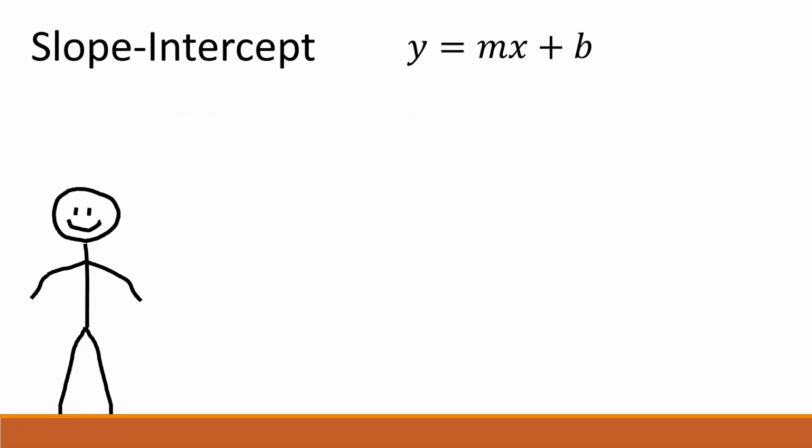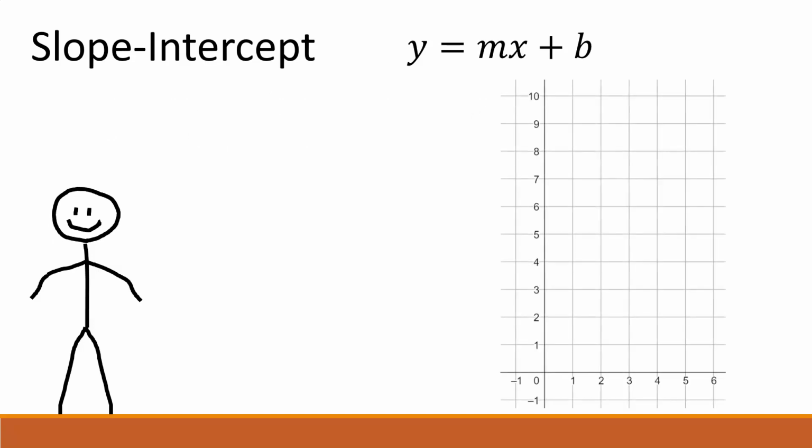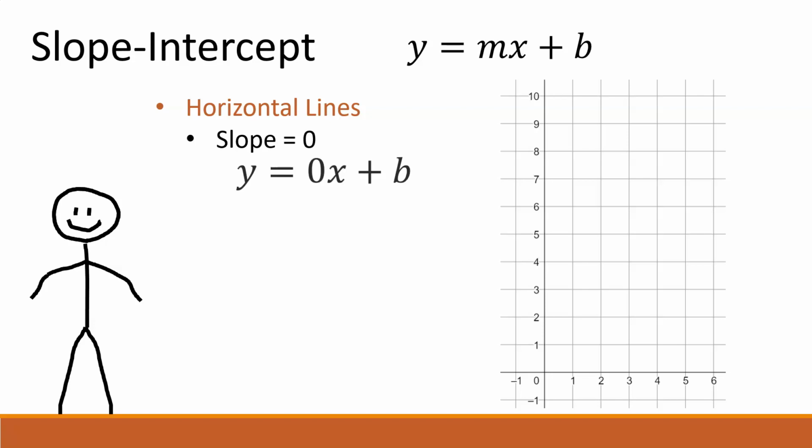Now, let's talk about something else. There's actually 2 special cases that we need to think about when we're thinking of slope-intercept form. And that is, first of all, horizontal lines. Now, horizontal lines have a slope of 0. And in terms of our slope-intercept equation, that doesn't really change anything except if the slope of the line is 0, then the equation of a horizontal line will no longer have an x term in it.